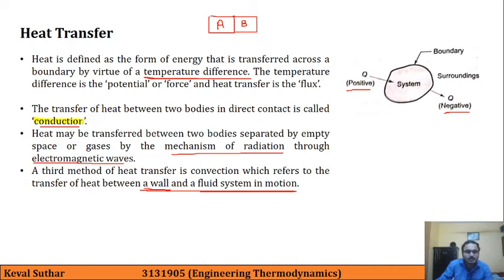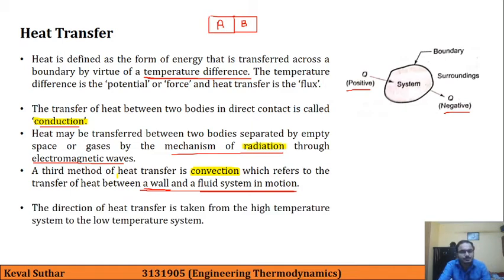First is conduction, second is radiation, and third is convection. So these are three modes of heat transfer, and we are not going into detail of these three modes of heat transfer right now, because in next semesters there will be a separate subject for this.